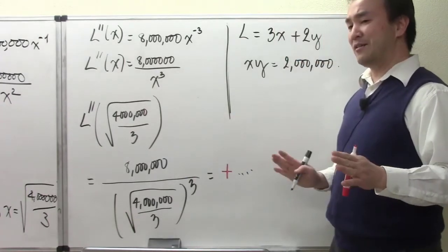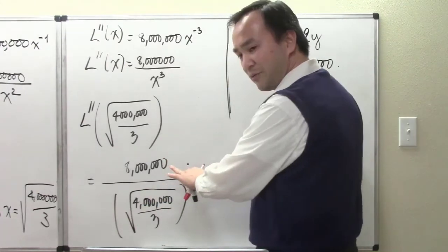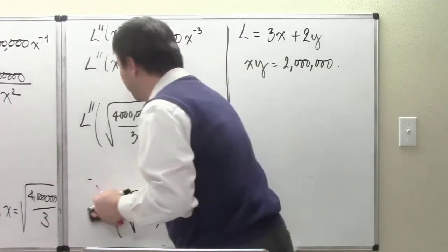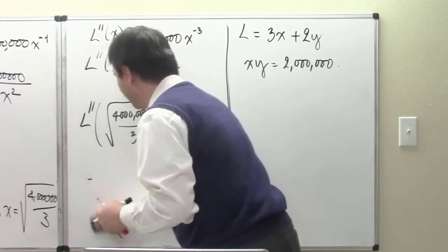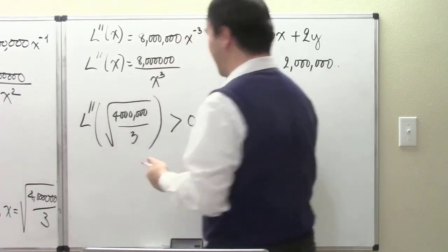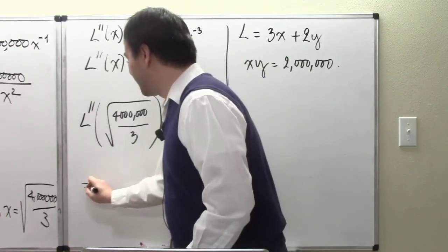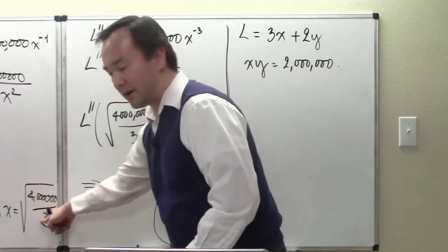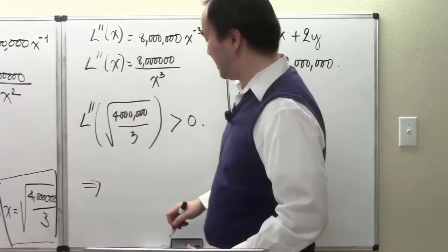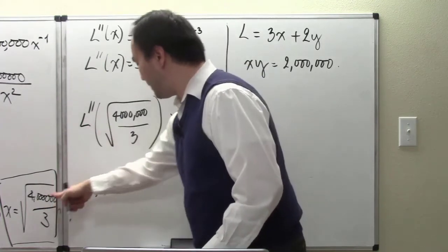Okay, so now that is simply enough for us to say, I really have to erase this work. Now all we know is this value is positive. That's all we know. And so in that way, now we can say that we got a critical value at this thing right here. It's a little bit narrow of that little space right there, but the function L double prime at that critical value is positive.